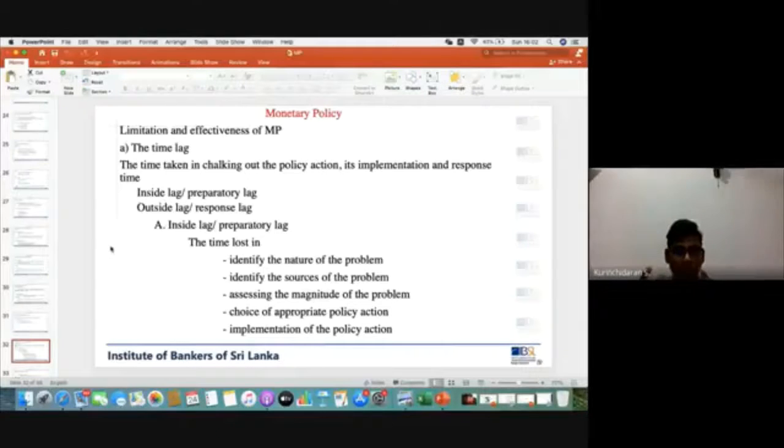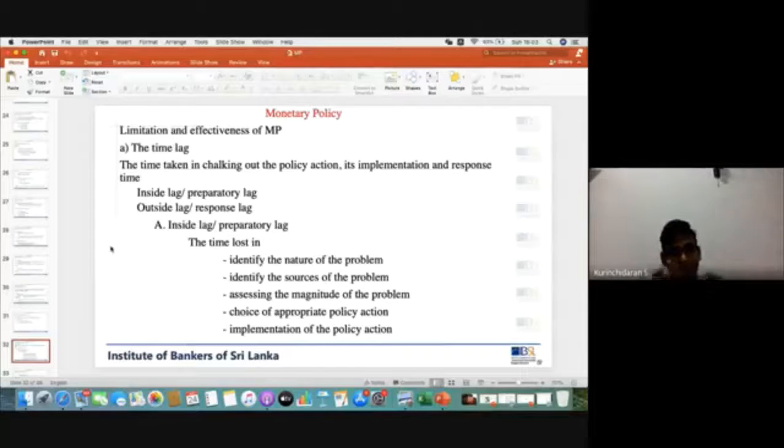So when you want to respond to a problem, first of all, you have to identify the nature. Let's take an example, the inflation is going up, right, beyond the expectation. So you have to first identify the problem, right? That's the inflation. Second, the source of the problem, why that's happening, from which source it's emerging. And third, you have to assess the magnitude of the problem.